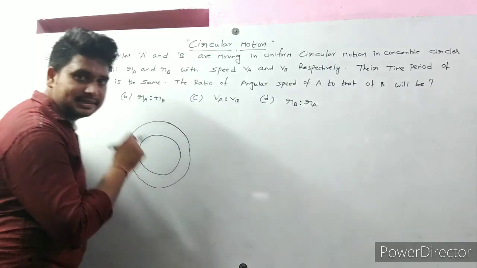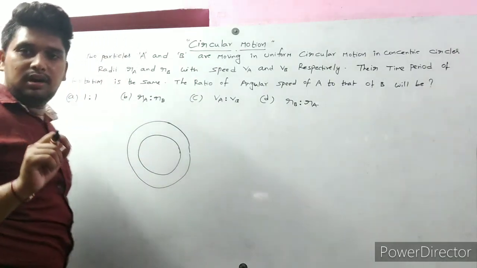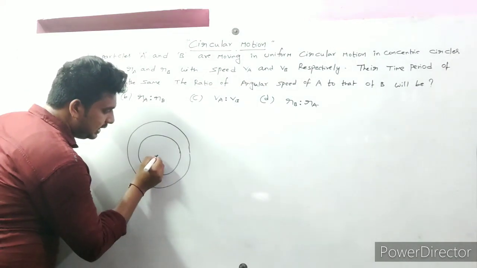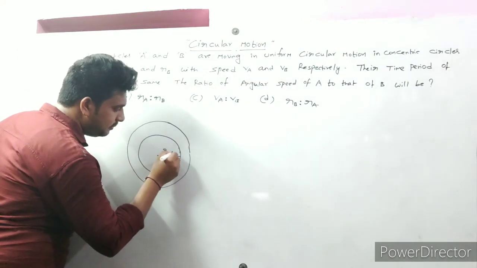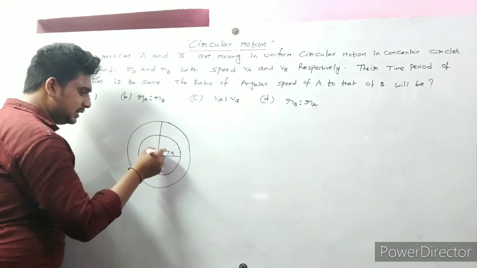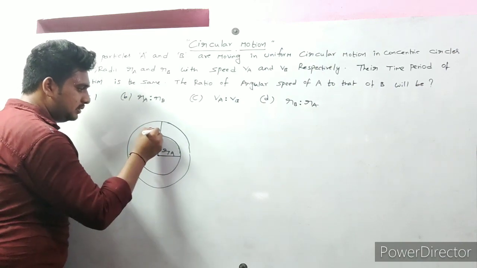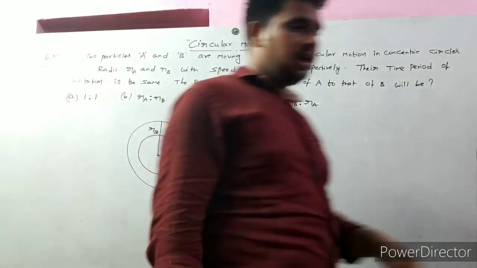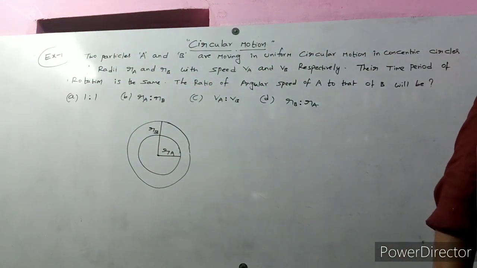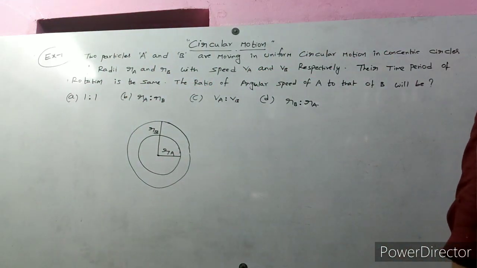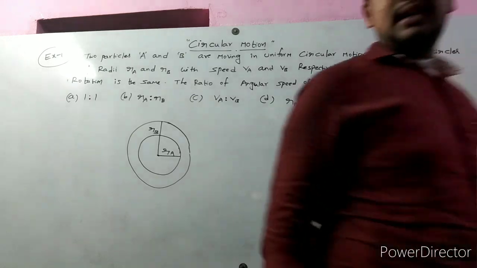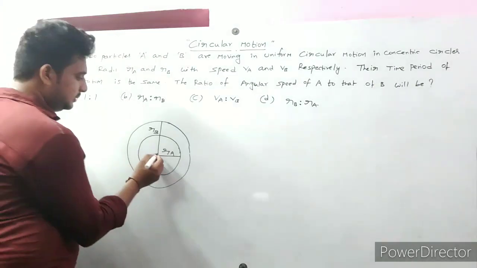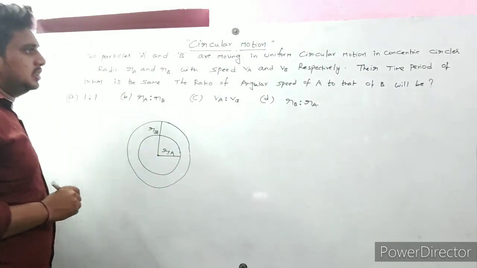Here one circle's radius I consider as RA, and another circle's radius I consider as RB. This is already given in the question.